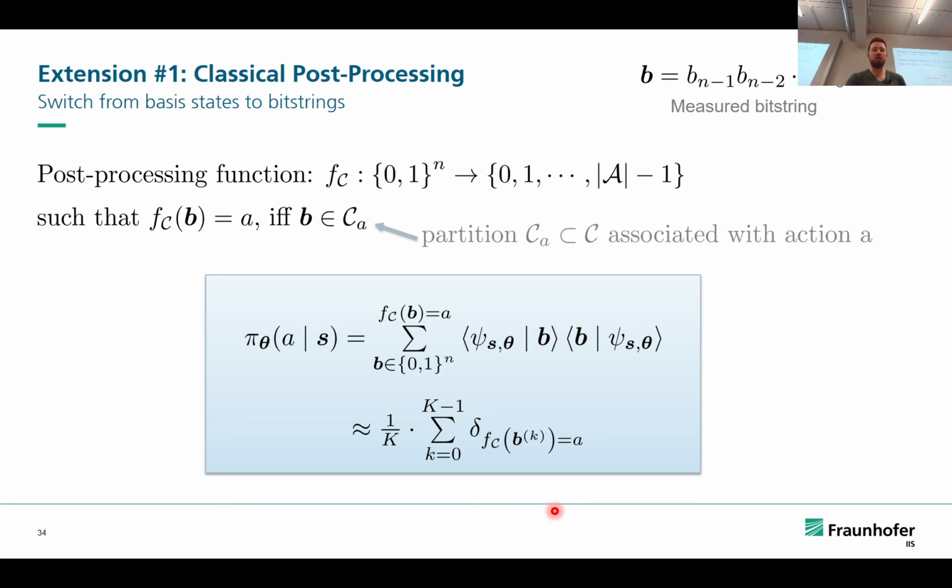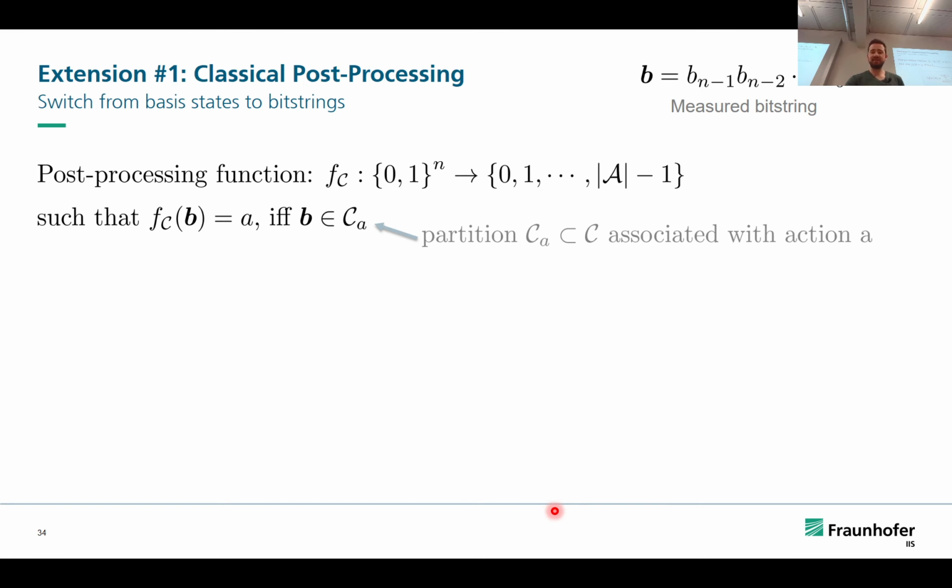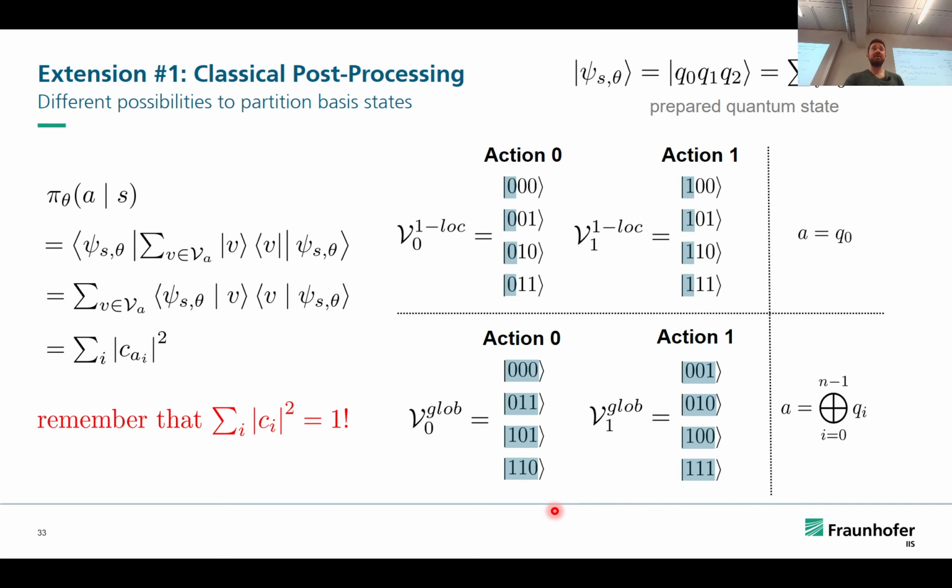And even more important, for action selection, so basically for this part here, it's really sufficient to just sample the quantum circuit once. Because again, this condition here, so we directly can sample from this probability distribution. So we really just measure the quantum state once, observe the bit string, and then directly can decide which action we want to execute. So this is a really huge save compared to having to sample expectation values here.